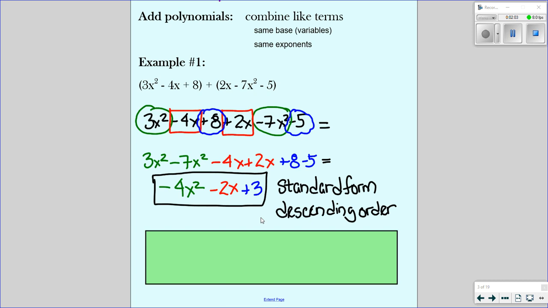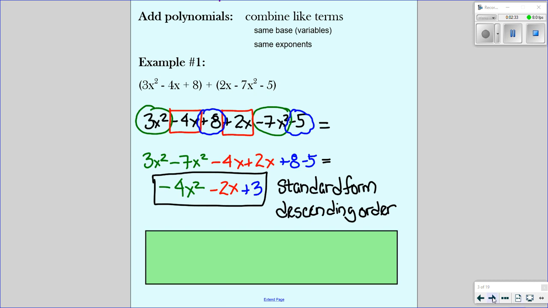When it comes to adding or subtracting, if you combine your like terms in the order from greatest to least, then when you simplify, you'll already be in standard form, and that will be your final answer. So make sure when you simplify, you have your final polynomial in descending order, because I will be asking you to do it in standard form.